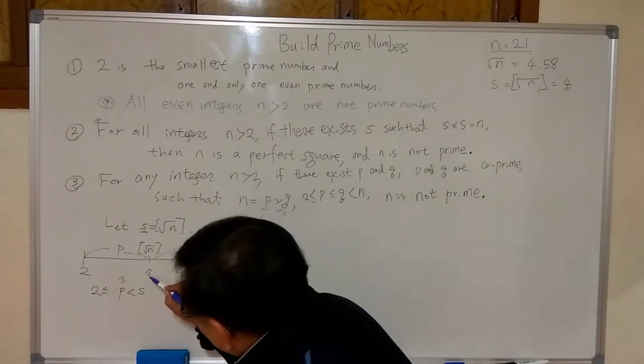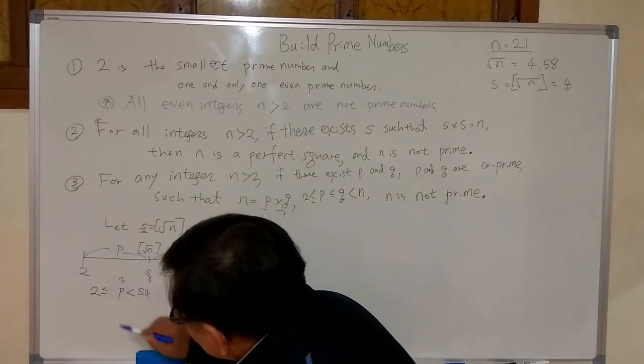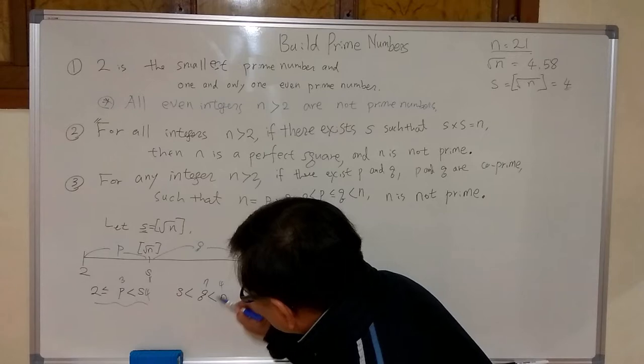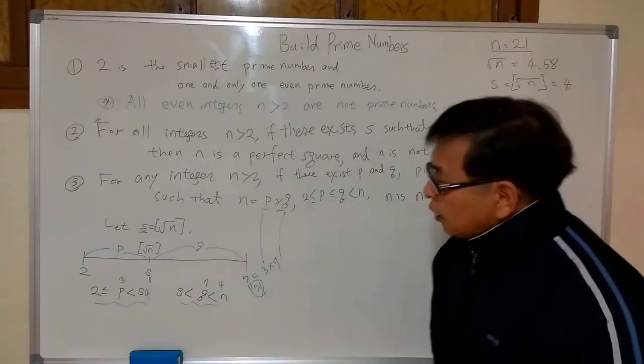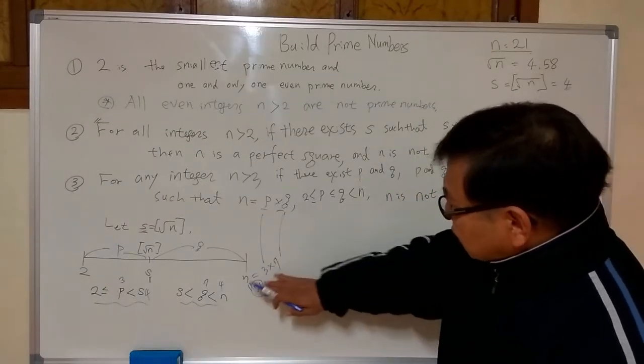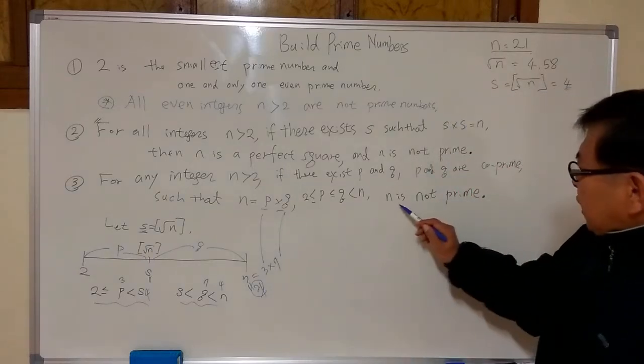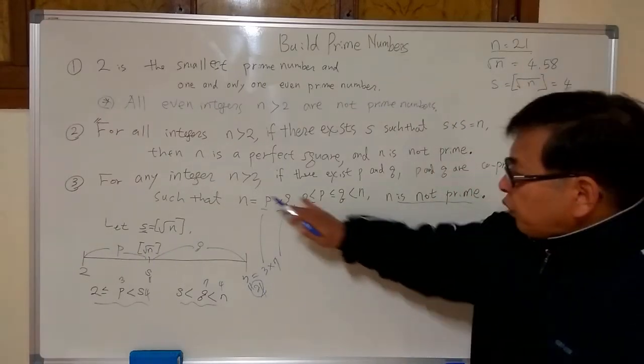So S would be 4. So this equation holds, and this equation also holds. So 21 is not prime because PQ exists.